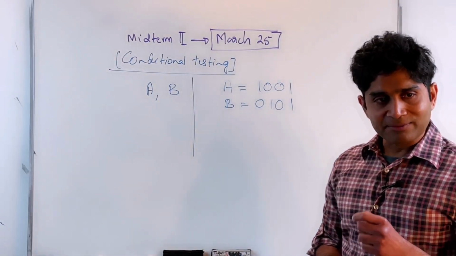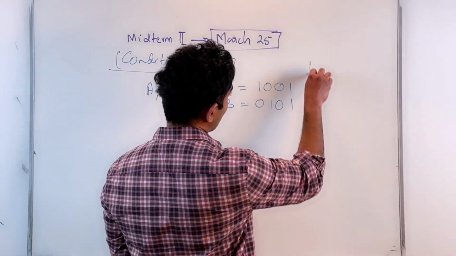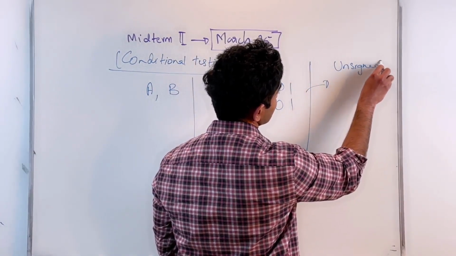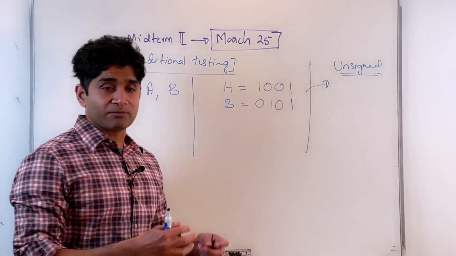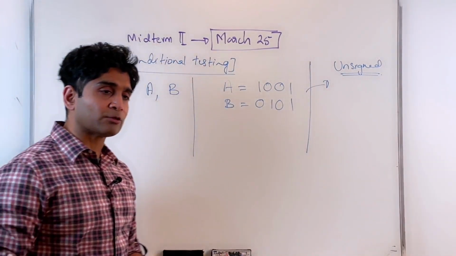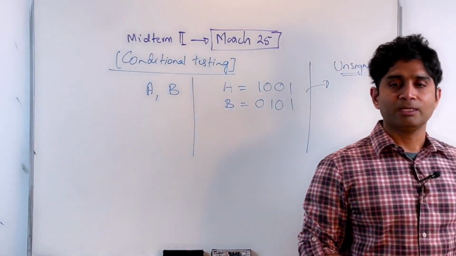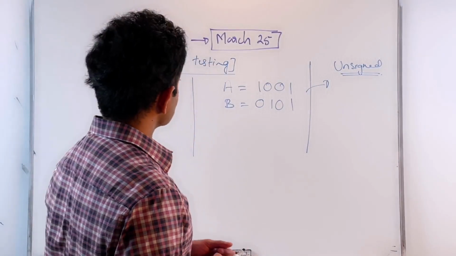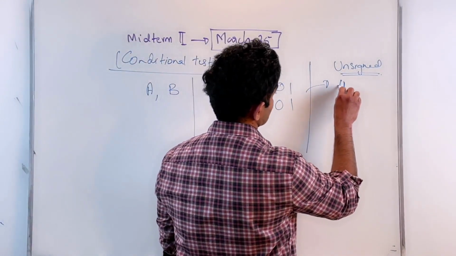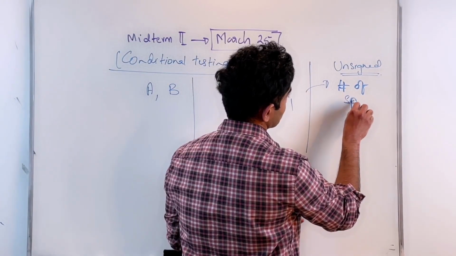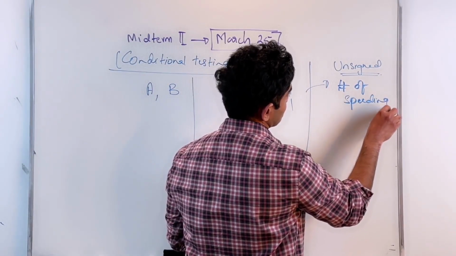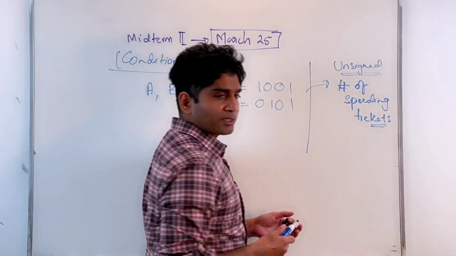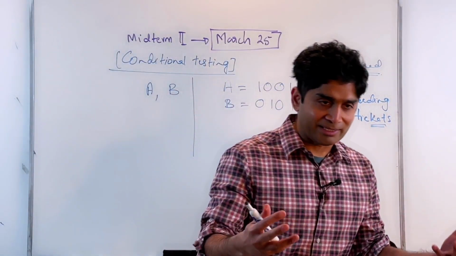But as a programmer, if I know that these values are unsigned, for example, that they correspond to some data such as the number of speeding tickets, then of course the number of speeding tickets has to be unsigned.